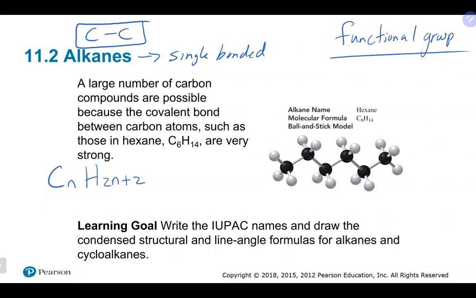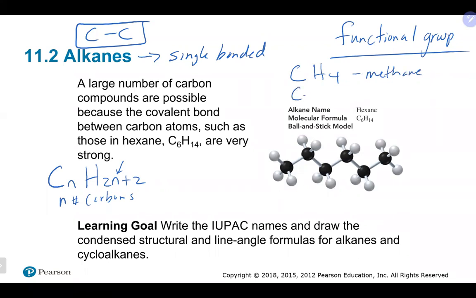plus 2. What does that mean? It means that the n is the number of carbons. So if I have one carbon, for hydrogens I would have 2 times 1, which is 2, plus 2 is 4 hydrogens. And that is what is known as methane, as we saw.